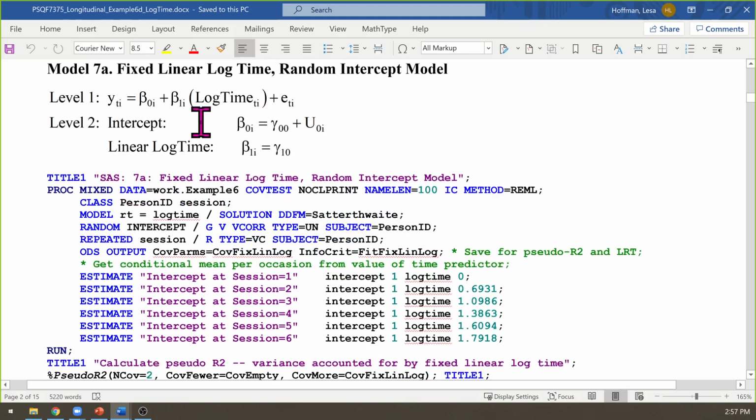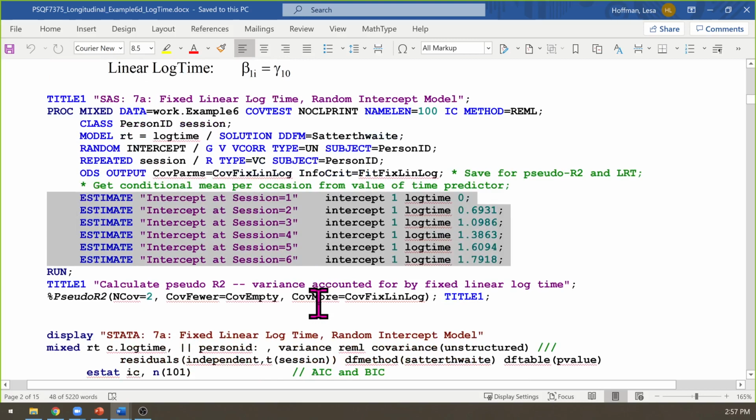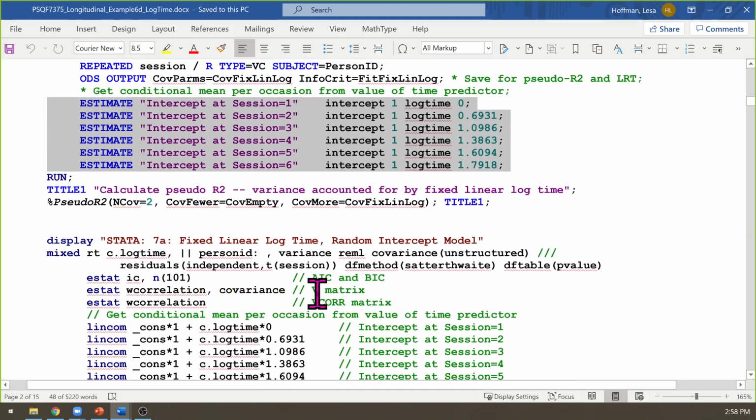So log time is my predictor. If I put in a linear effect of log time, then these are the values of time that correspond to each of my sessions. So I had to take the natural log of session to find out what the value of the predictor would be. So I had that in each of my programs here.